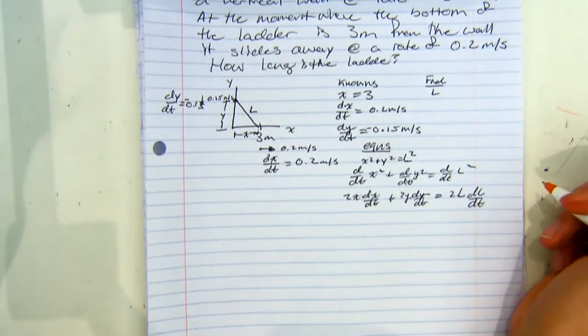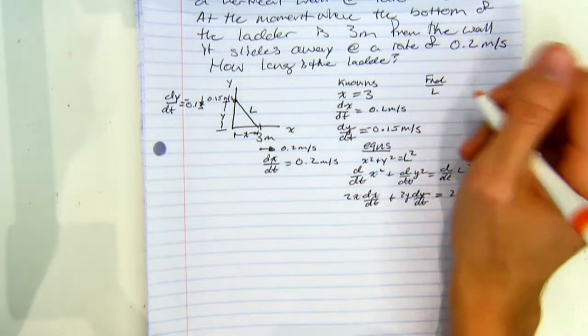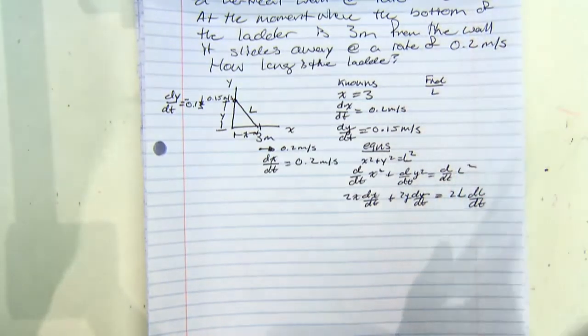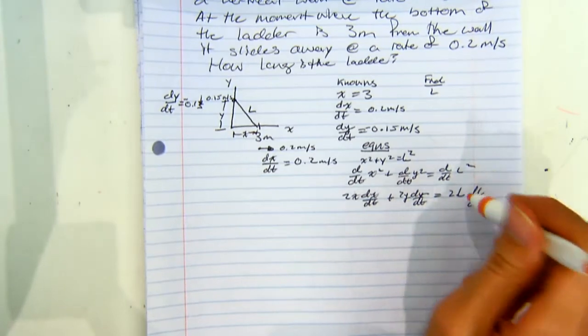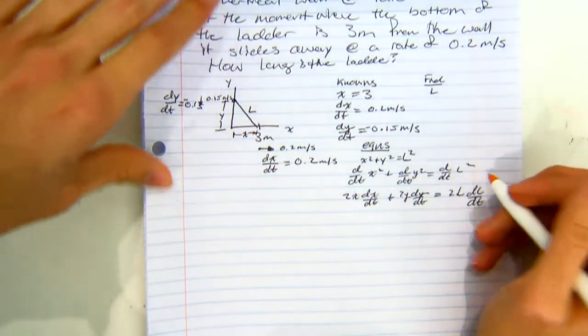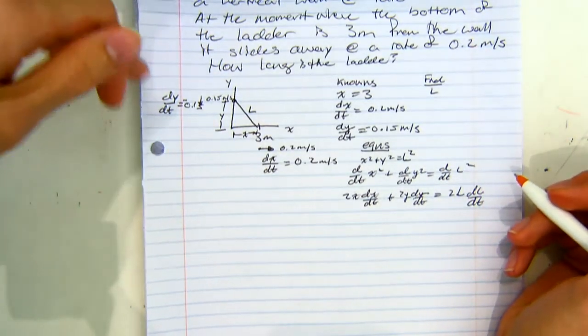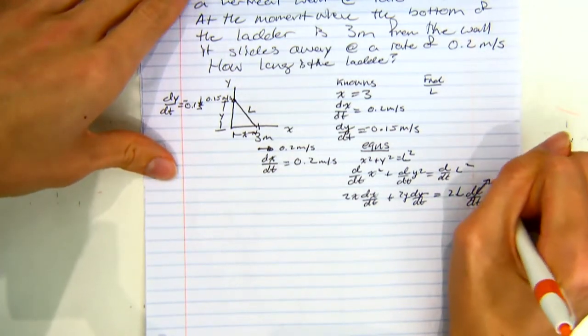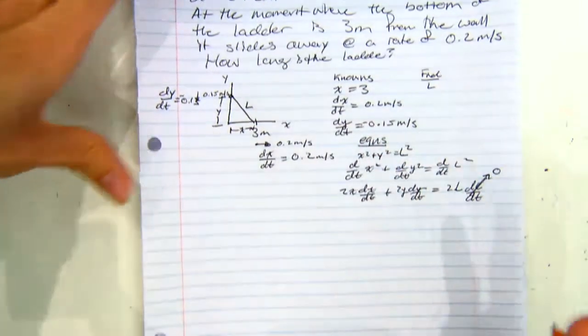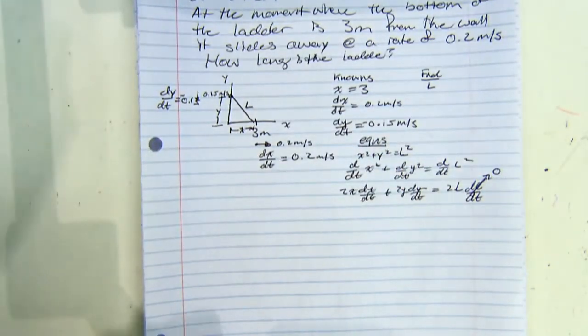So now we have these that are known, and we have these that are unknown. However, we know that the ladder's length is not changing. So we could set this equal to 0, since the ladder stays the same length. It has no rate of change.